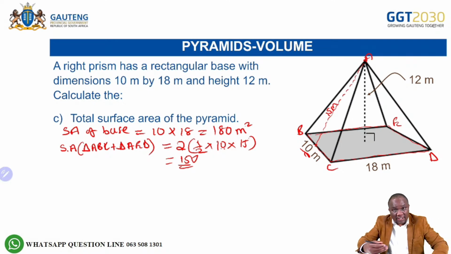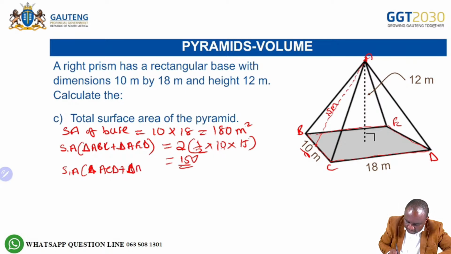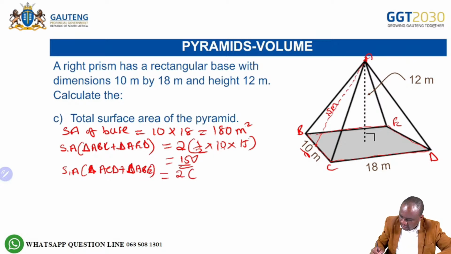Then let's look at the front one now. Triangle ACD and triangle ABE. Surface area of triangle ACD plus triangle ABE is going to be 2 times, and then we say the slant height of this face is what?